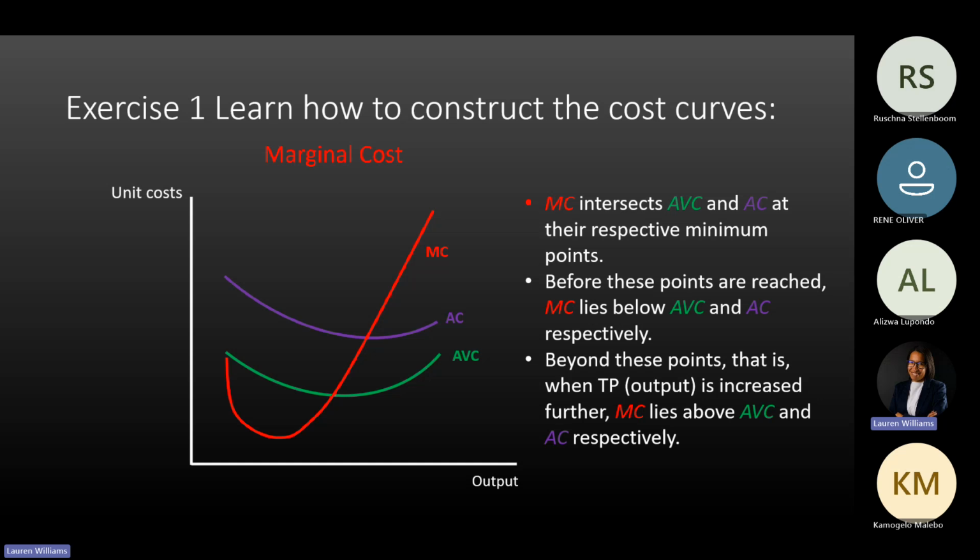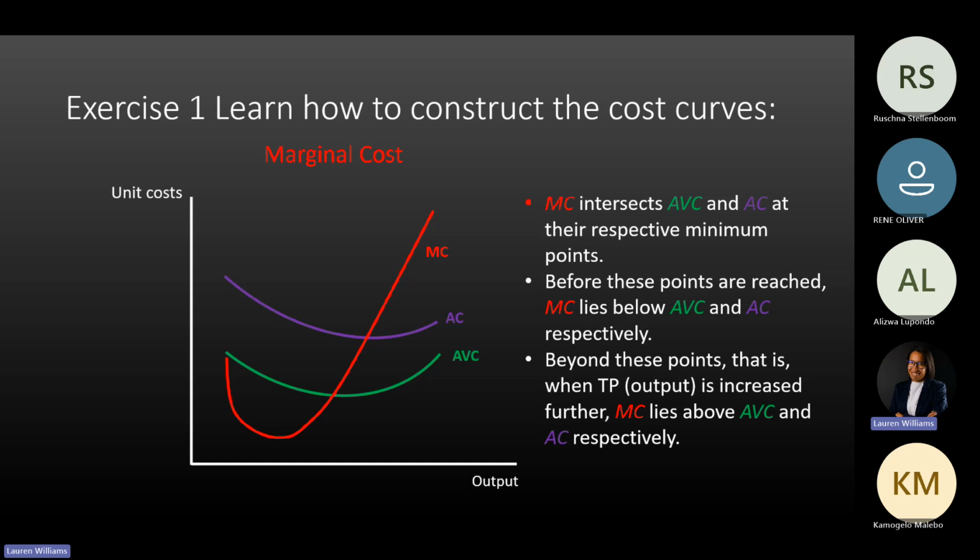And then when we're looking at the relationship, we're looking at not so much the relationship between our average variable cost curve and our marginal cost curve. We're more looking at your average cost curve, this one, and our marginal cost curve.